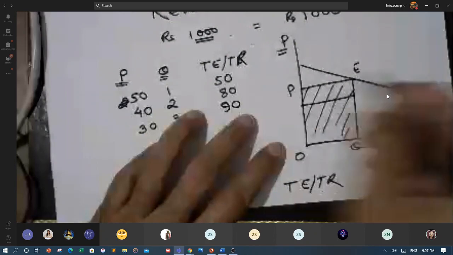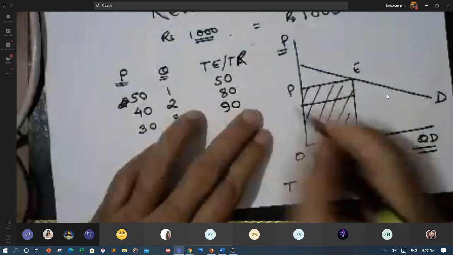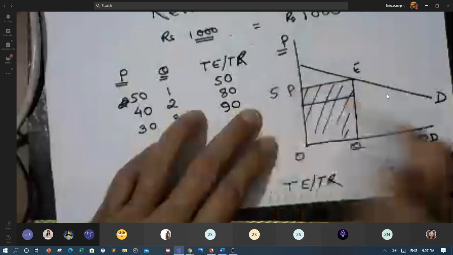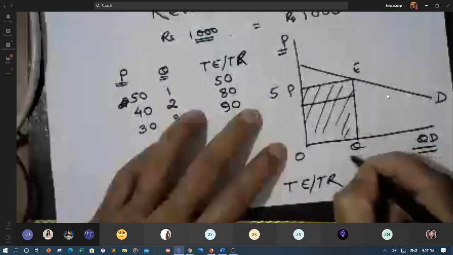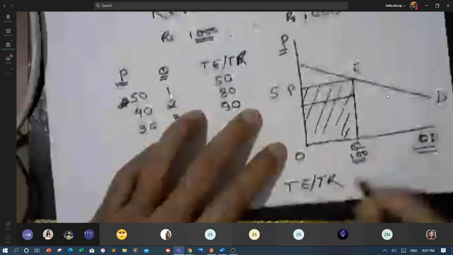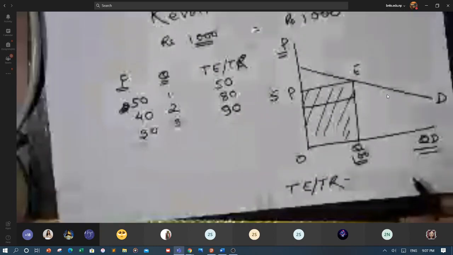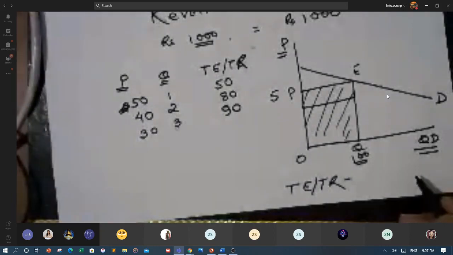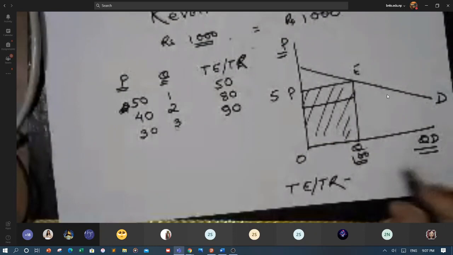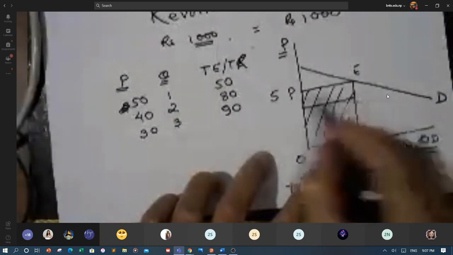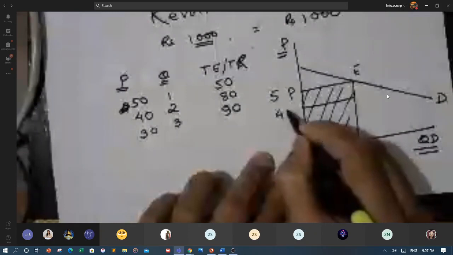Now I'll give you one value. Suppose the price is 5 and you are purchasing 100 units. What is your total revenue? 500. Now you decrease the price to 4.